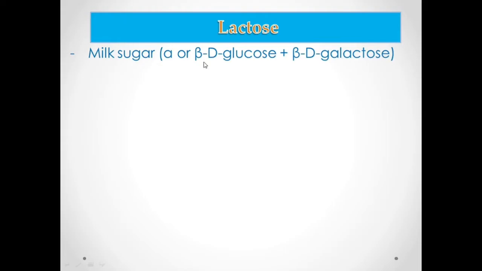Galactose differs from glucose only in the configuration of the hydroxyl group. We knew that already, that galactose is different from glucose. The linkage between the beta-D-galactose and the D-glucose in this disaccharide is a beta 1,4 glycosidic bond.